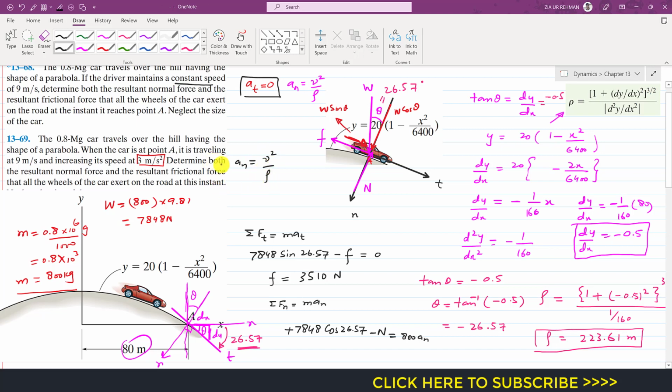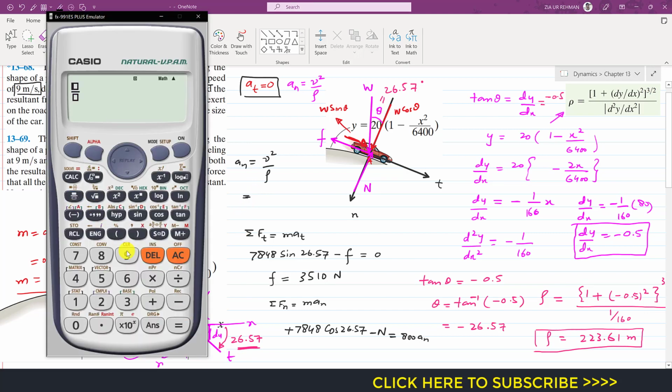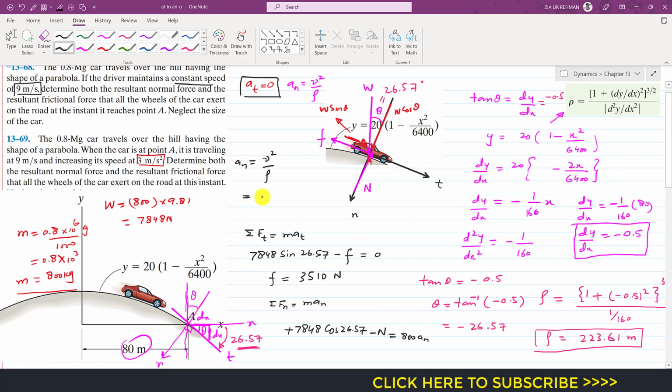And when the car is at A, in the problem statement it is said that it is moving with a constant speed, 9 meters per second. So we can find this a_n. So a_n is 9 square divided by rho, and the rho value is 223.61 that we have determined. So that normal acceleration is 0.362.